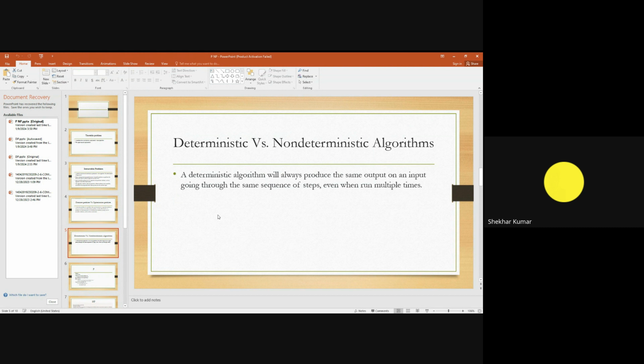The deterministic algorithm performs a fixed number of steps and always finishes in an accept or reject state with the same result.